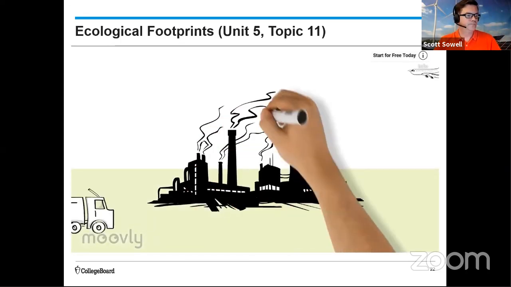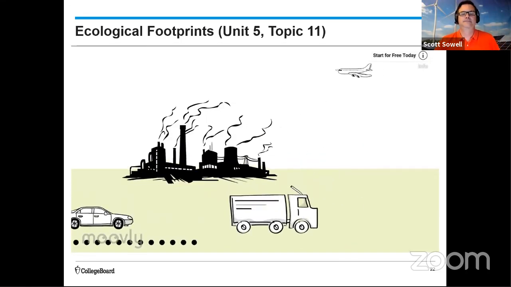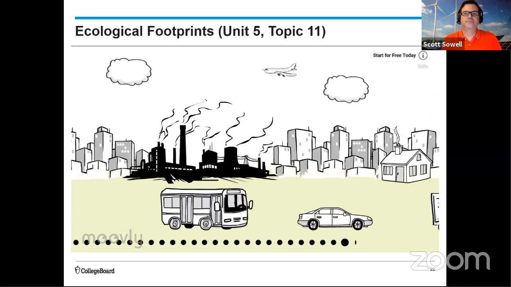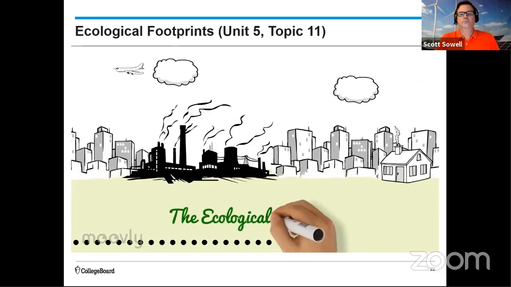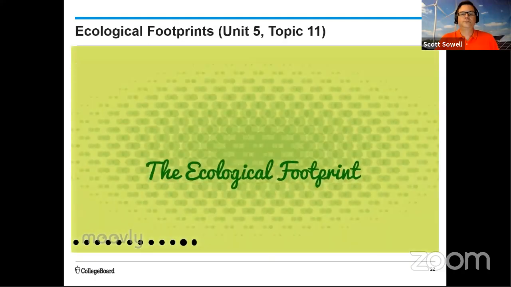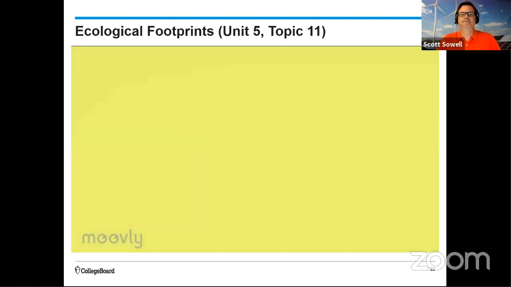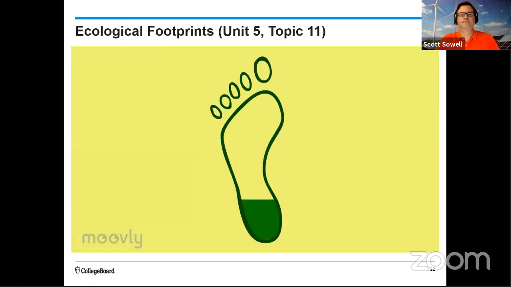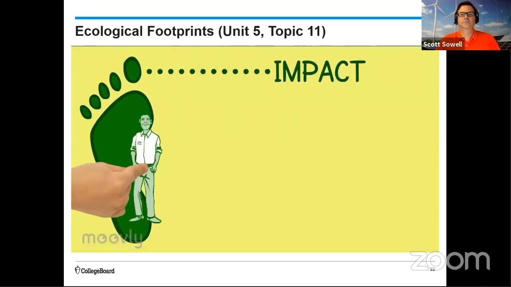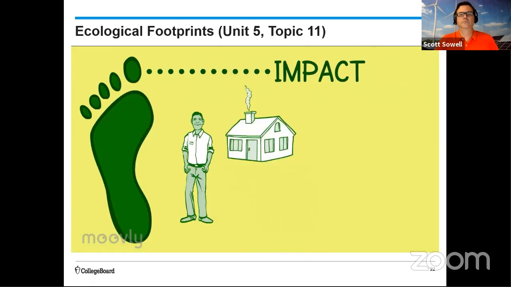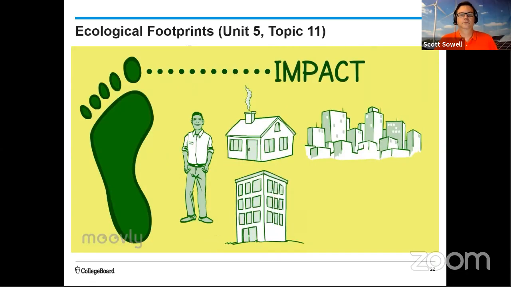Our human activities consume resources and produce waste, and nature needs to have the capacity to meet these demands. The ecological footprint is a way to measure our human demand on nature. Every one of us has an ecological footprint. The footprint represents the impact of a person, a household, a city, a business, or a country on nature.